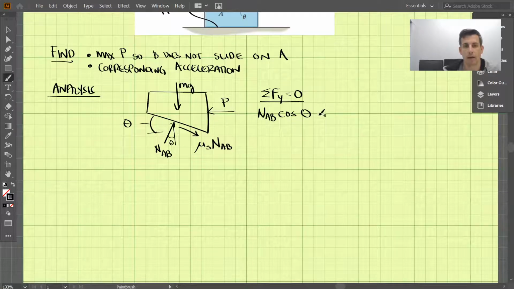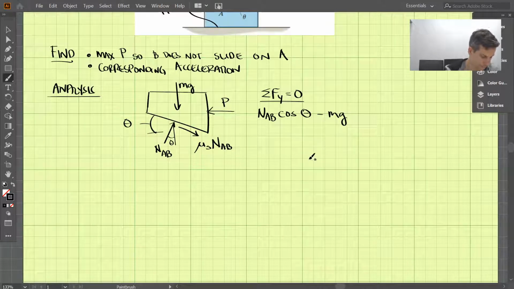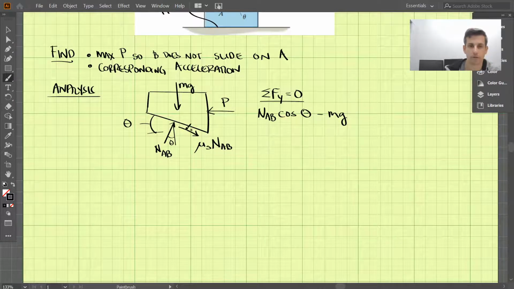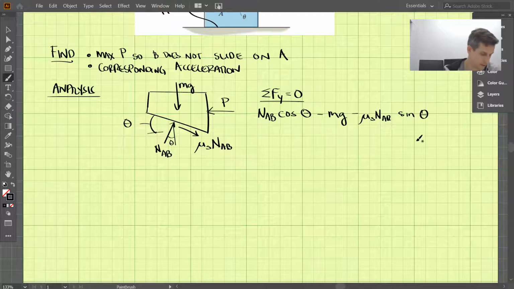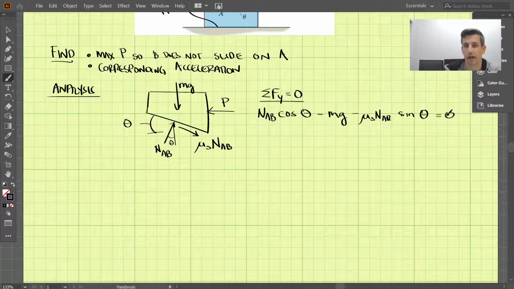And we have mg downwards here. And then we also need to take into account the y component of this frictional force here, and that will be negative mu sub s times NAB times sine of theta here. And all of that is equal to 0.